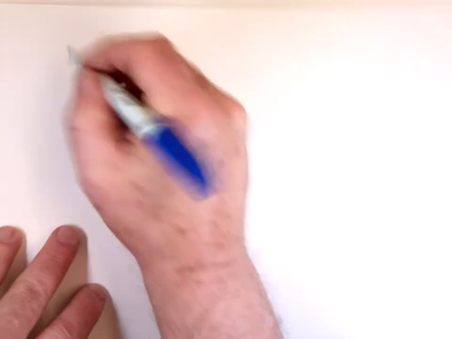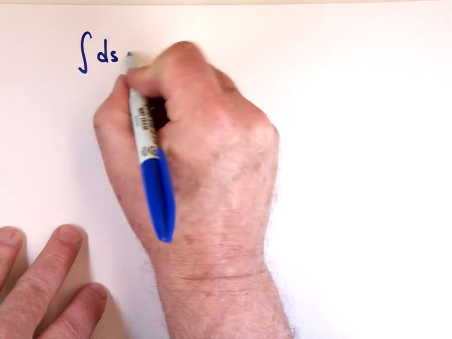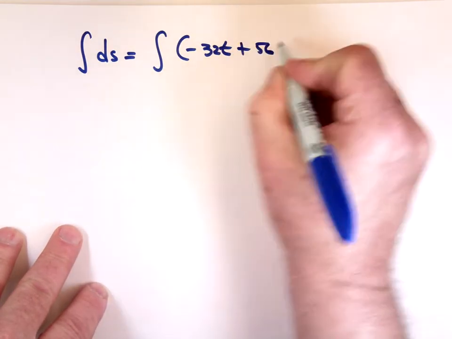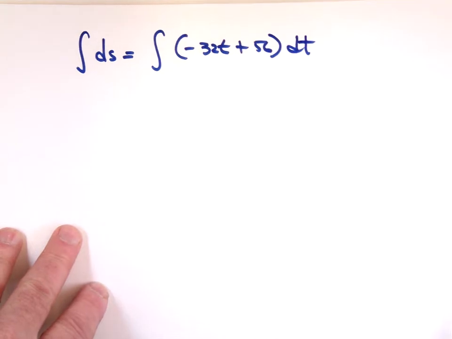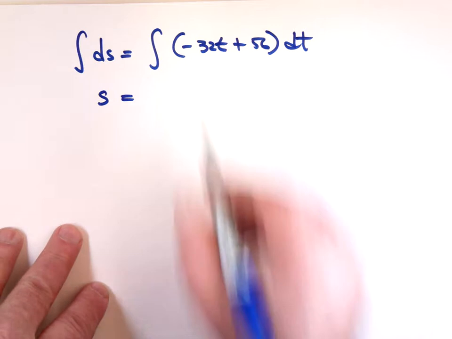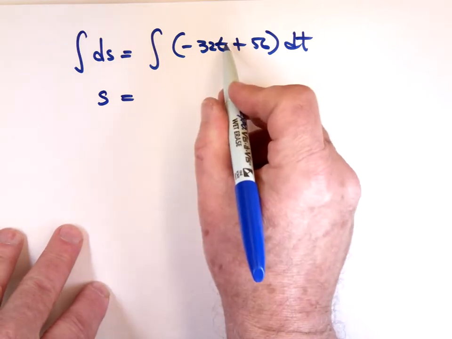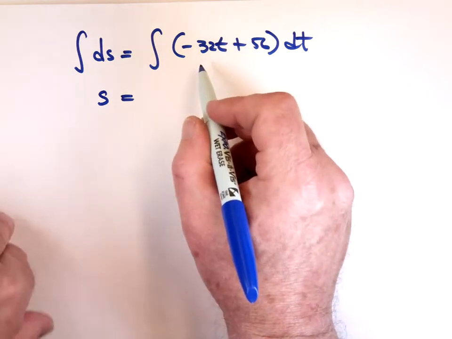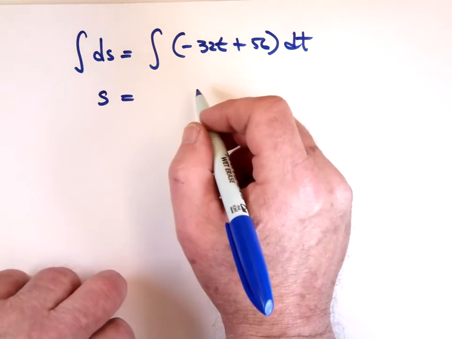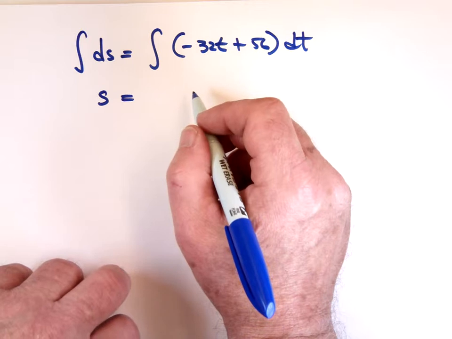let's integrate each side. Integral ds is s. That's our position at any time t. The integral of negative 32t: the negative 32 constant can go out front. The integral of t dt is equal to t squared over 2. Add 1 and divide by the new exponent.